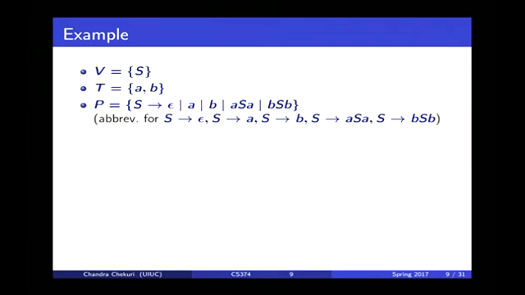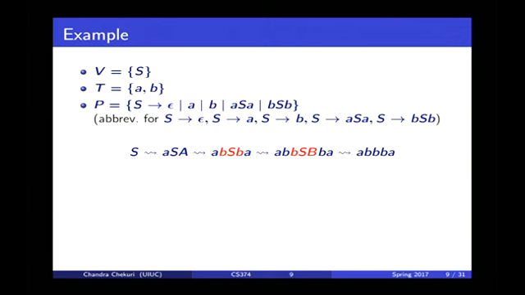Is it clear? Now we have to understand the meaning of this: what is the language generated by this grammar? The idea is very simple. You start with the start symbol S, and you can apply a rule. We know that S goes to aSa, so this is one of the rules allowed.